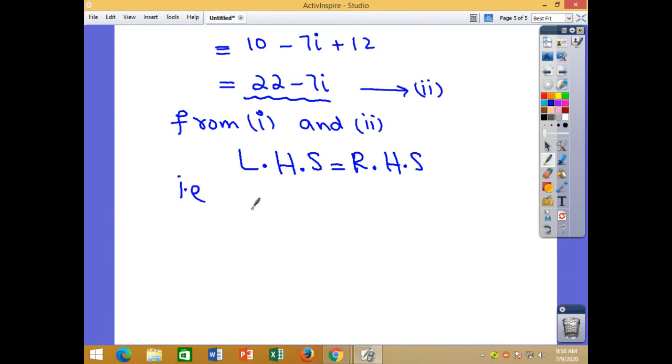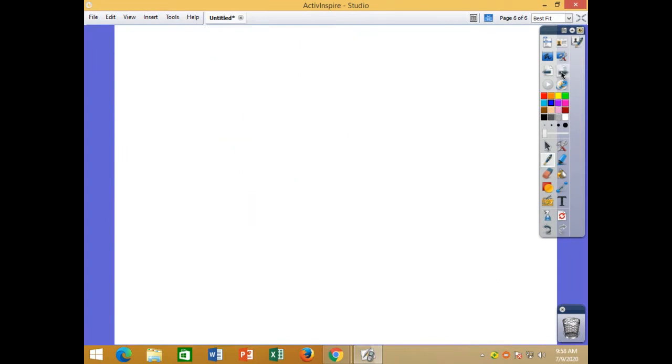Moreover, that is, (ZW) whole conjugate is equal to Z conjugate into W conjugate, which is our required answer. Now we move on to the next part. The next part is part number 4, in which the two complex numbers are written in divisible form.